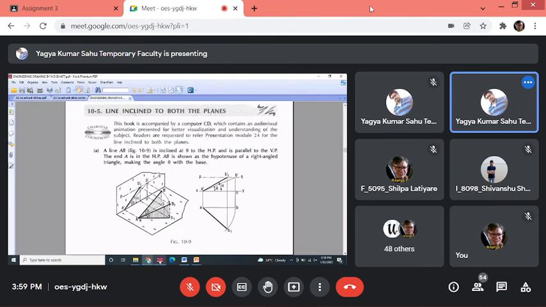Now see here. Initially AB, we have assumed this position A, capital B. Now if you will give inclination to VP also, so tell me the length of AB, small AB, top view of this particular line. Okay, is it changing? Means length of small AB and small AB1, is it same or changing?